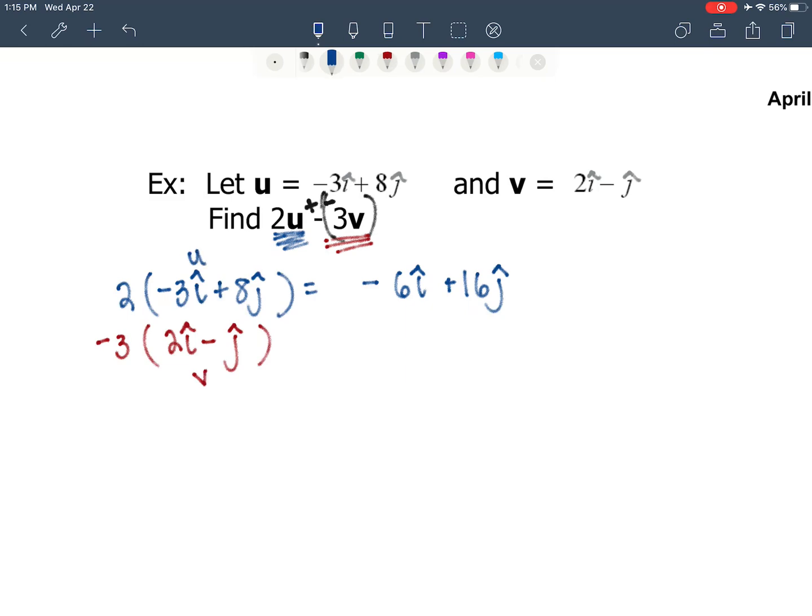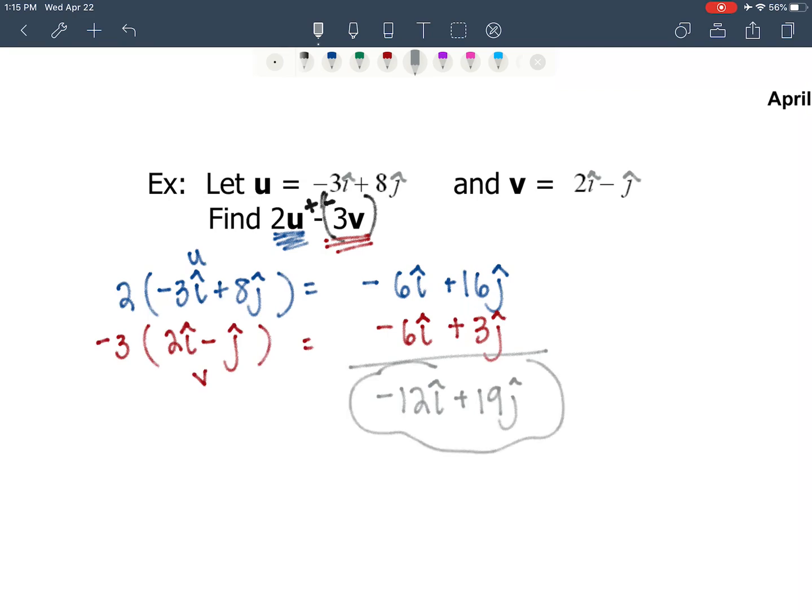So here's 2u, here's negative 3v. And that's going to give us negative 6i hat plus 3j hat. And now I can add the two together. When I add the two together, I get negative 12i hat plus 19j hat. And we started as a linear combination, so we're going to give our final answer as a linear combination.